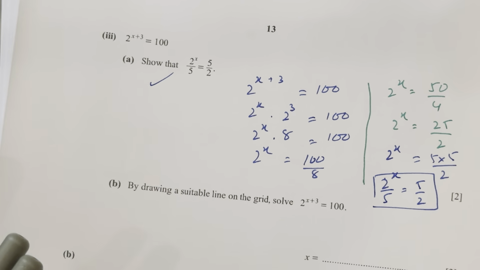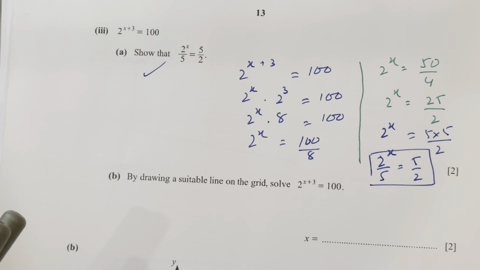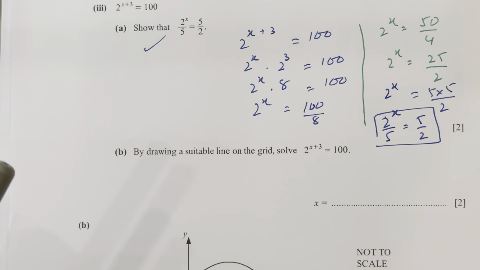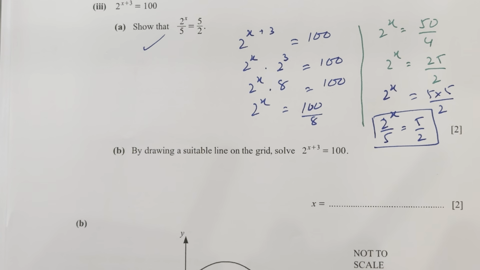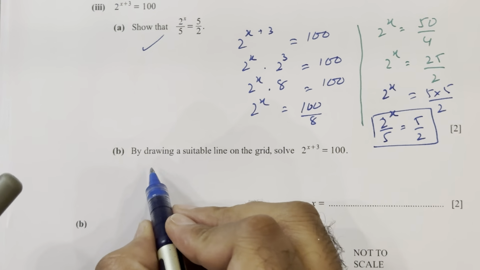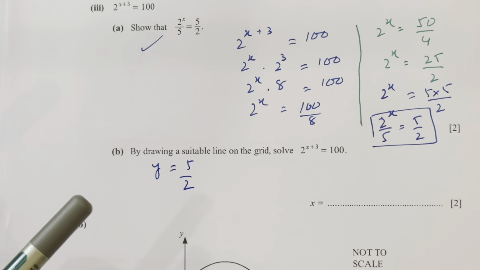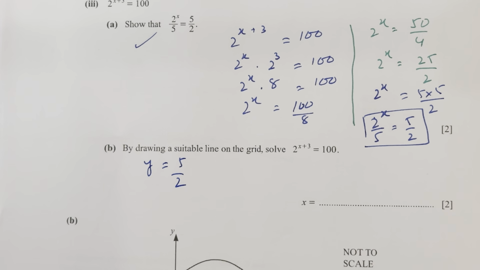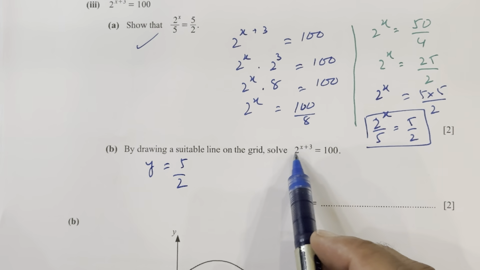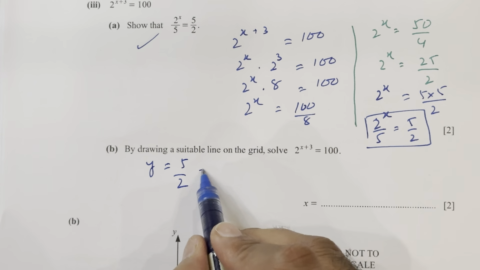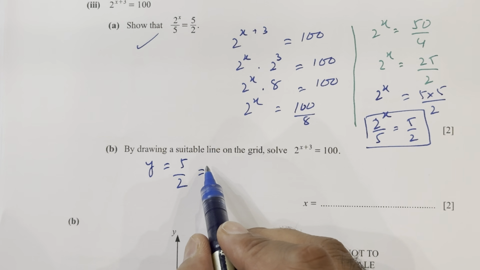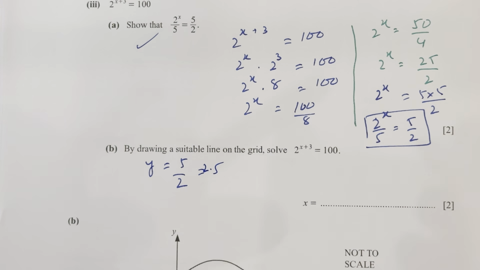By drawing a suitable line on the grid, solve 2^(x+3) = 100. Okay, we know that y is equal to 5/2, and because this is equal to 100, this is equal to 2.5.